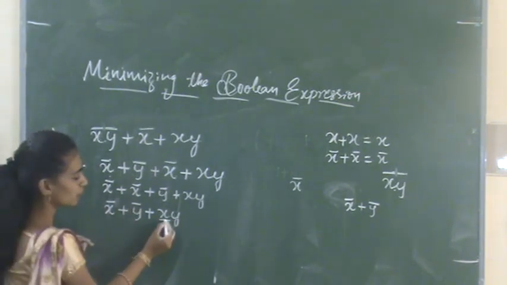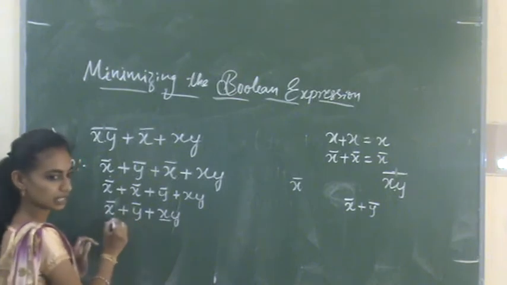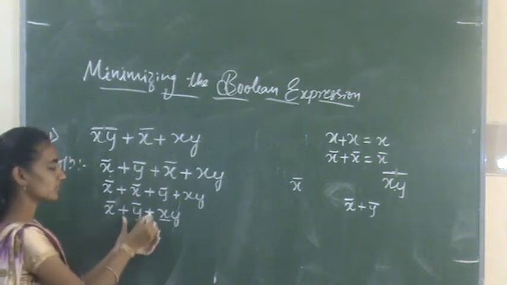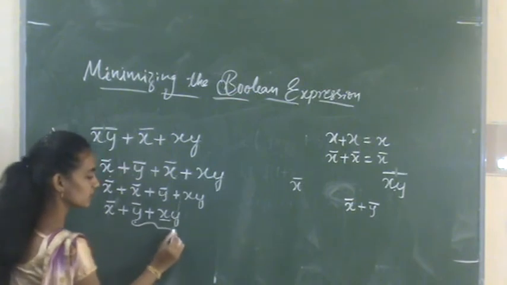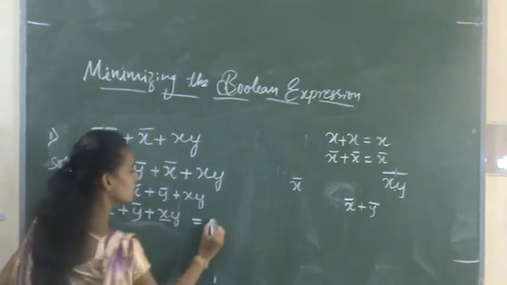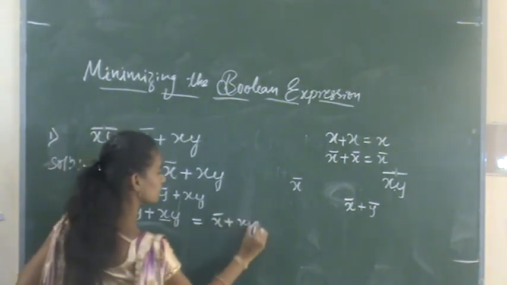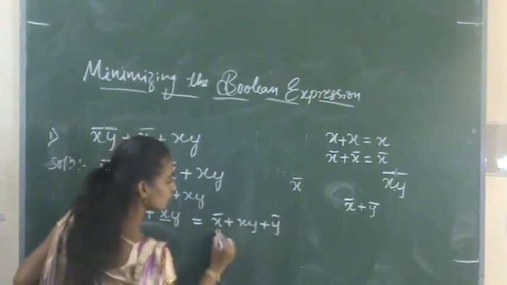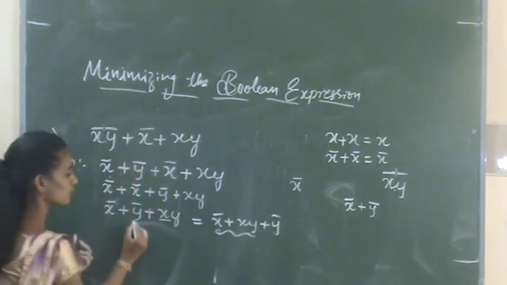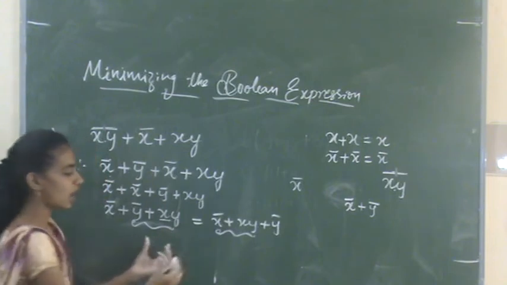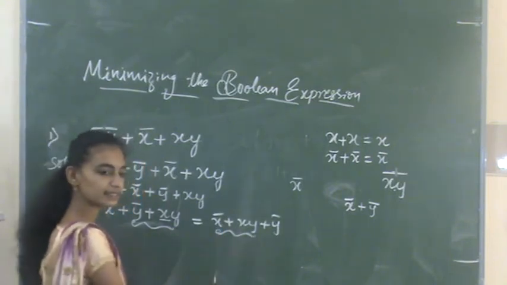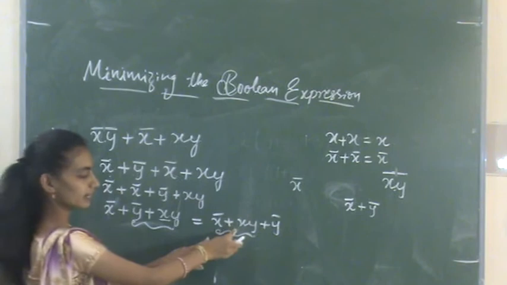Okay, so we have to multiply to any one of these terms. Why? Because we have an addition sign. Either we can perform these two operations or we can perform these two operations. If we perform these two or these two, we will get the same result. So now I am taking this one.